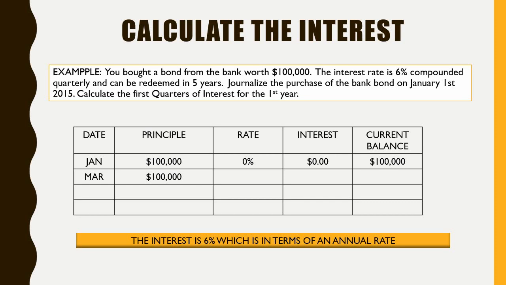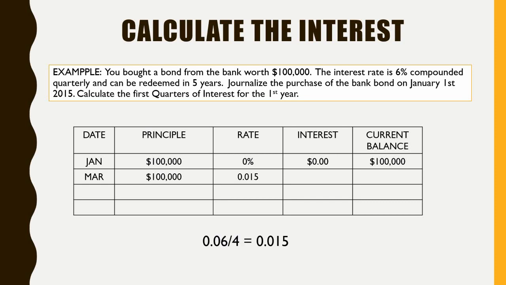So since my annual percentage of 6% is for the whole year, we're going to take that and divide it by the total number that you're being compounded for. So since I'm going to be compounded every 3 months, so 4 times a year, I'm going to split my rate into 4. Okay? And that's going to give me 0.015. Okay? So there you go. That's my percentage for every 3 months.